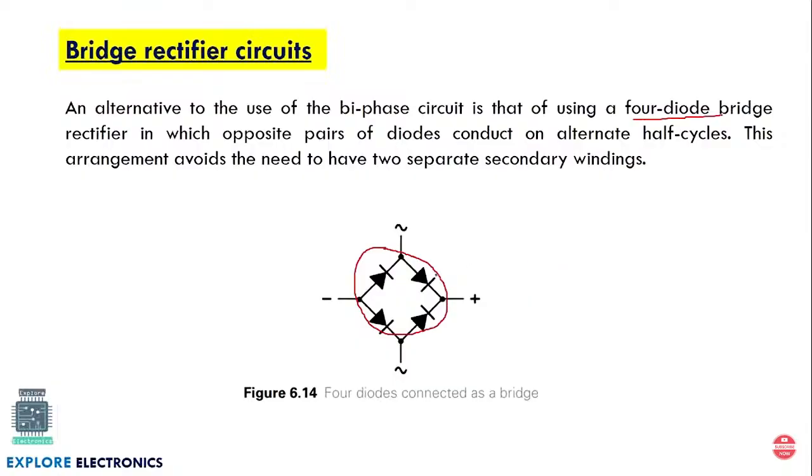If we connect the diodes like this, opposite pairs of diodes conduct when the alternating half cycles come to the input. This diode and this diode will conduct once, and in the negative half cycle, or the second half cycle, this diode and this diode will be conducting. The arrangement will be like that. Now let us see how this bridge circuit actually works.